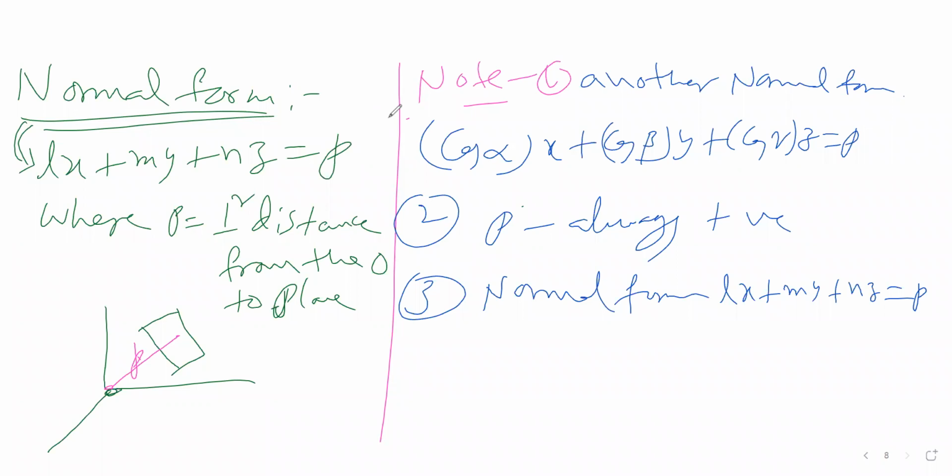In this case, the elements are direction cosines, which is why they always satisfy the first condition: l square plus m square plus n square equals 1. And the second condition is that p is always positive, I mean the constant term on the right hand side is always positive.